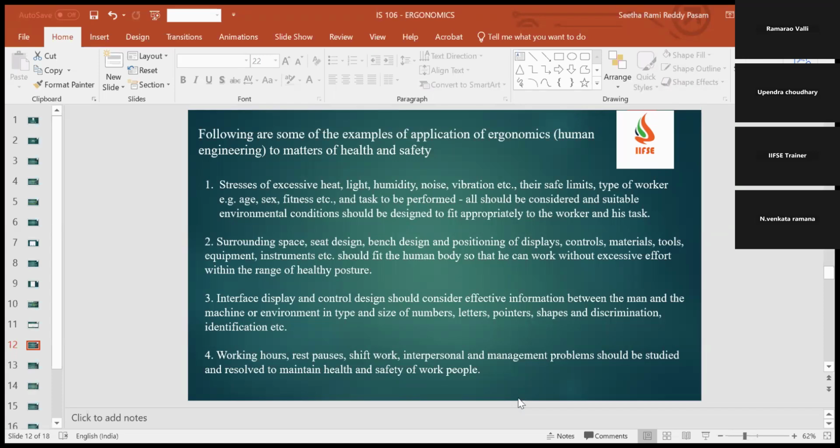All should be considered, and suitable environmental conditions should be designed to fit the worker and his task appropriately. So stress from excessive heat, light, humidity and noise should be within a safe limit.